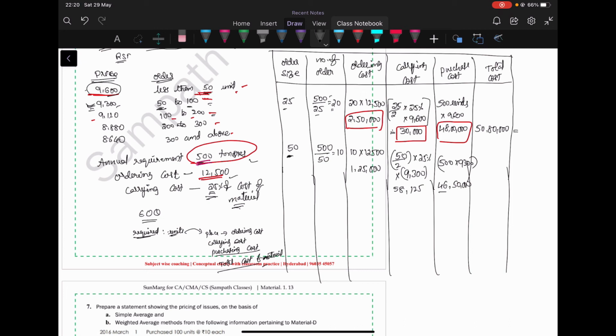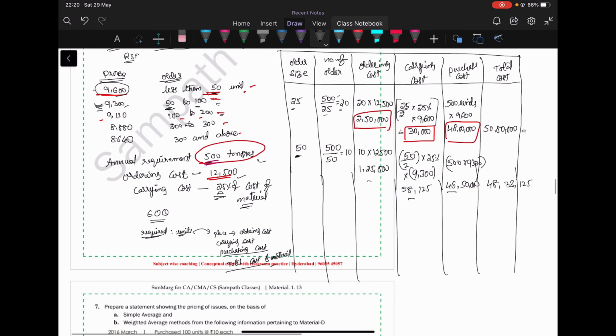So this one you add it, you will get your total cost. That is nothing but 48 lakhs 33,125 rupees.